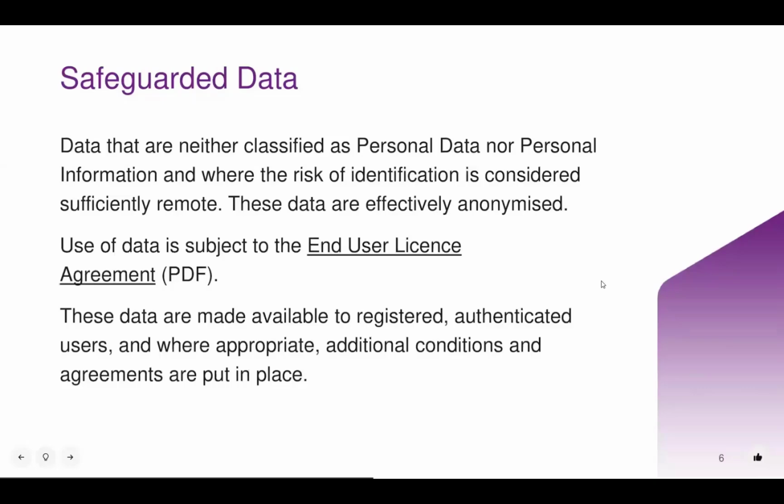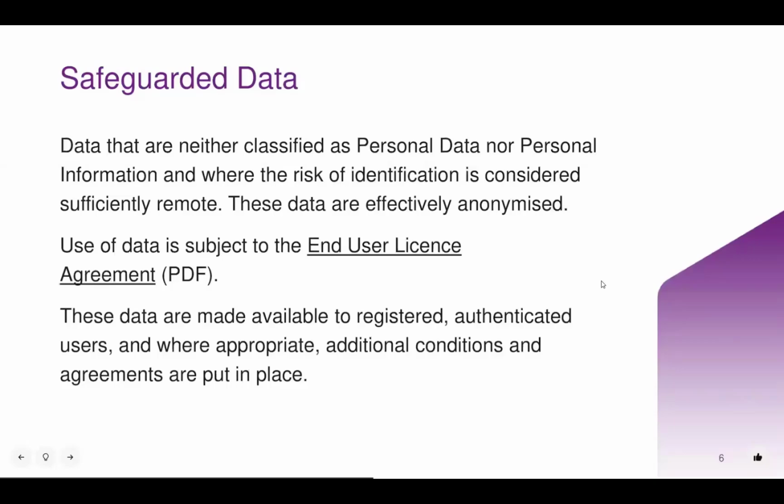Safeguarded data are subject to the end user license agreement. So the last step of the registration is to accept the end user license agreement, which will govern the use of the service and the data and provide all the information on what you need to do and how you are allowed to use the data.